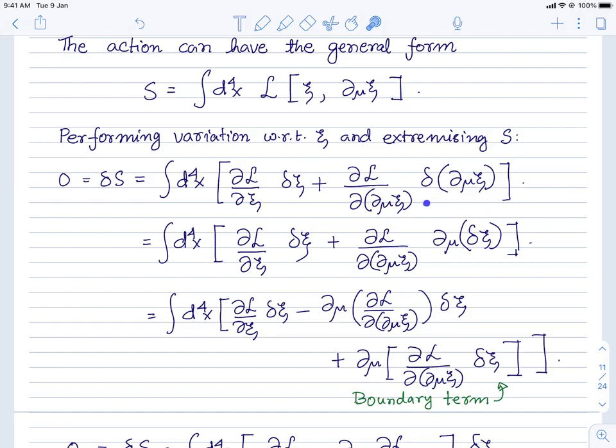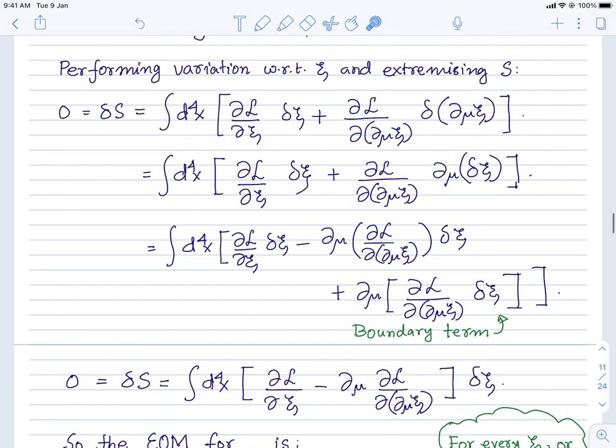Now this term is a term for which, as you can see, the derivative acts on the variation of xi. So we have to perform the same game. We have to take the derivative out, so that this becomes a total derivative term, and then you are left with this term remaining, and then a derivative acting here with a minus sign, because this will cancel the additional term that comes from here.